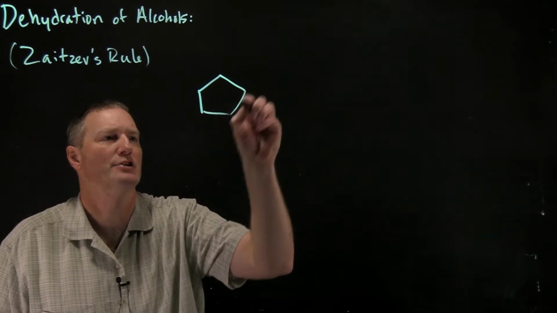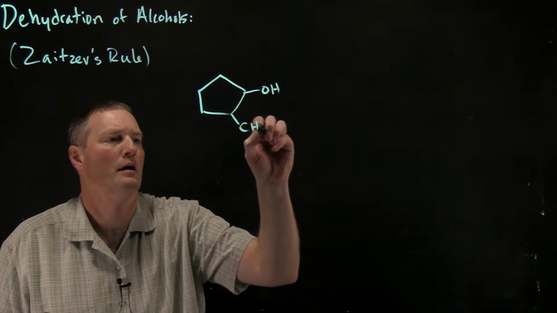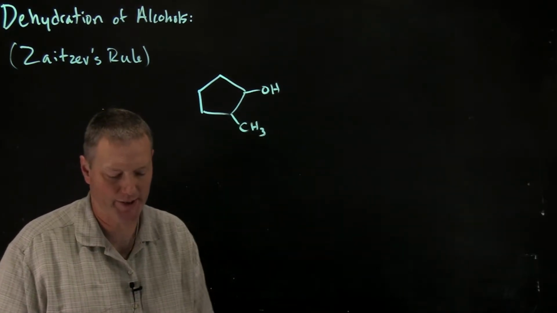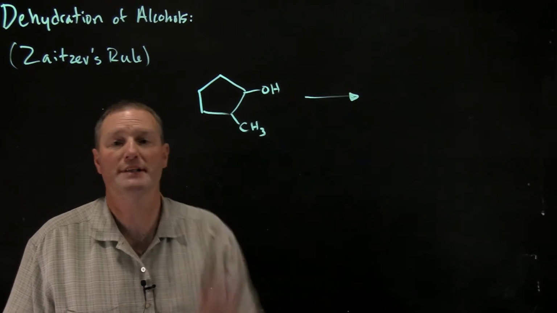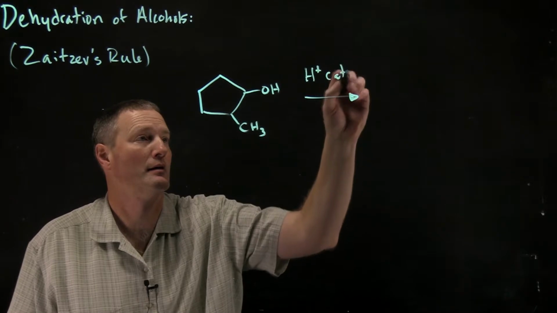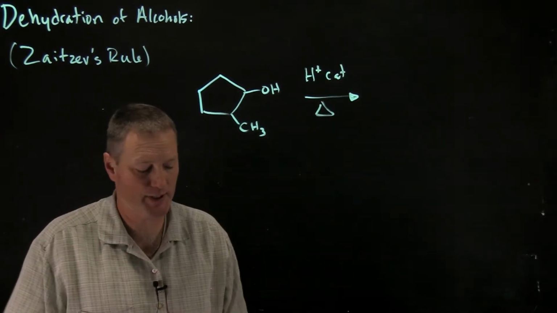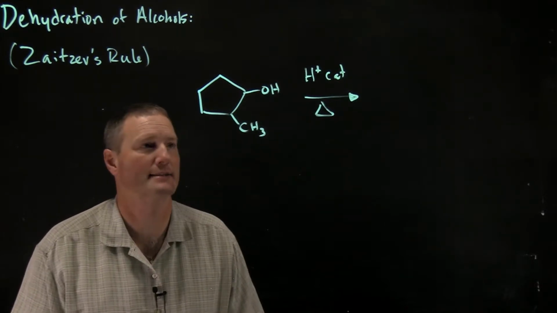Let's look at the dehydration of 2-methylcyclopentanol. So if you were asked to predict the major product of this, using H+ catalyst and heat, let's draw out the two possible products.